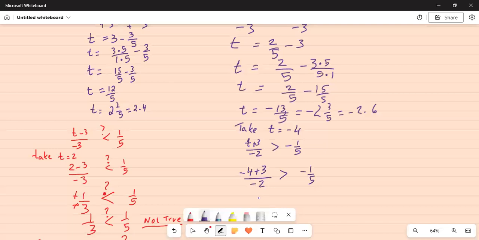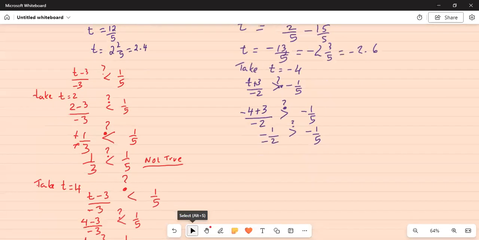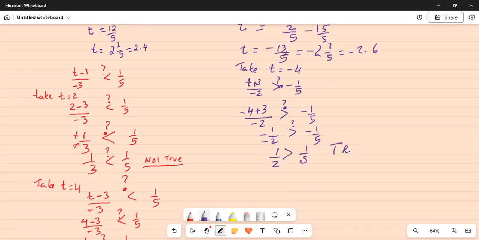Minus 4 plus 3 is minus 1, divided by minus 2, greater than minus 1/5, question mark. So this will be 1/2 greater than minus 1/5. True.